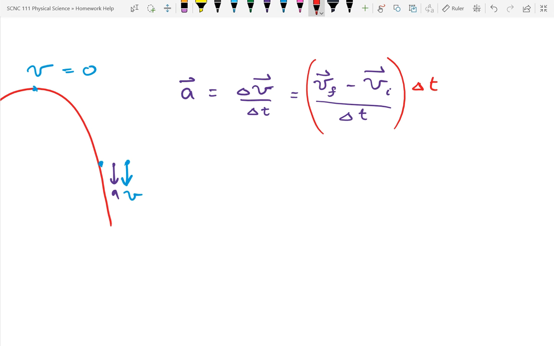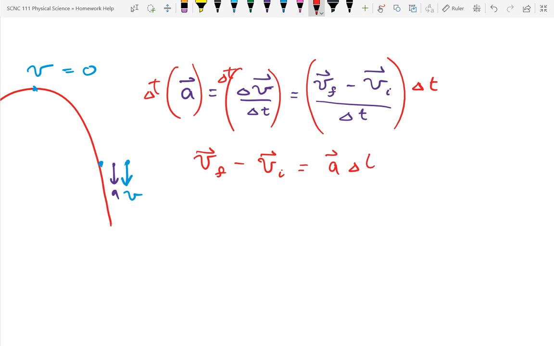But what I do to one term, I must do to all the terms. And so that gives me an equation that says the velocity final minus the velocity initial is equal to the acceleration multiplied by the change in time.